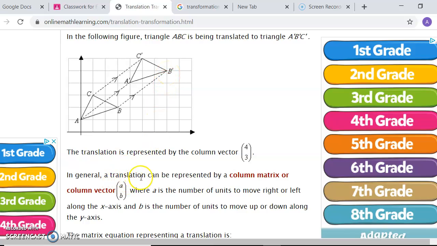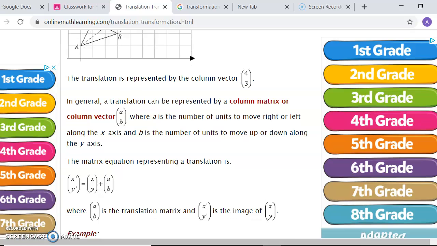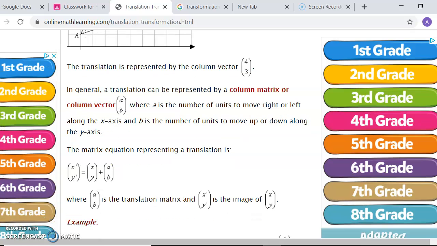So in general, a translation can be represented by a column matrix or column vector, where a is the number of units to move right or left along the x-axis, and b is the number of units to move up and down along the y-axis. Here the matrix equation represents the translation.